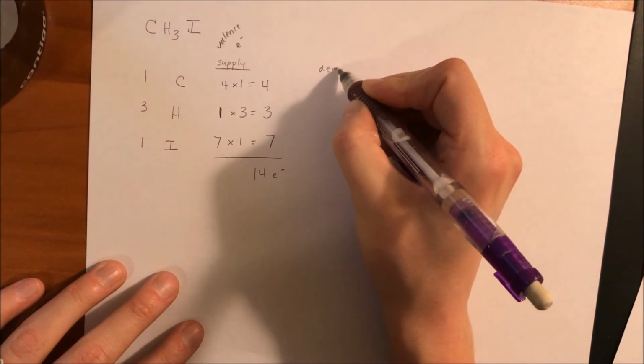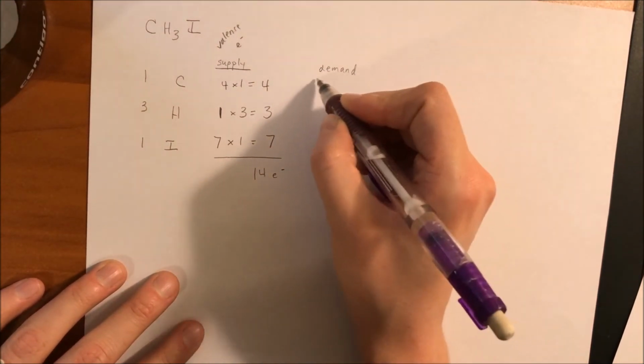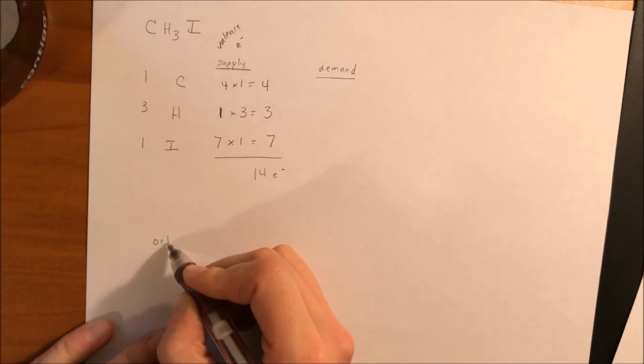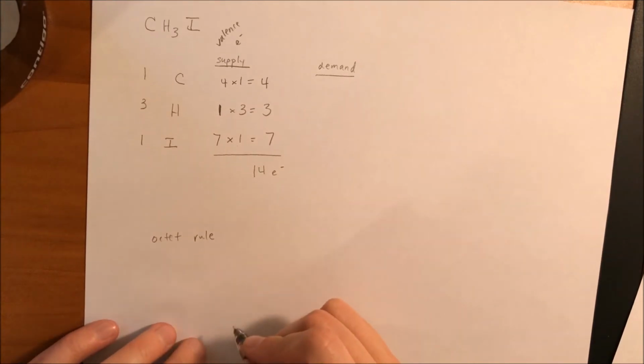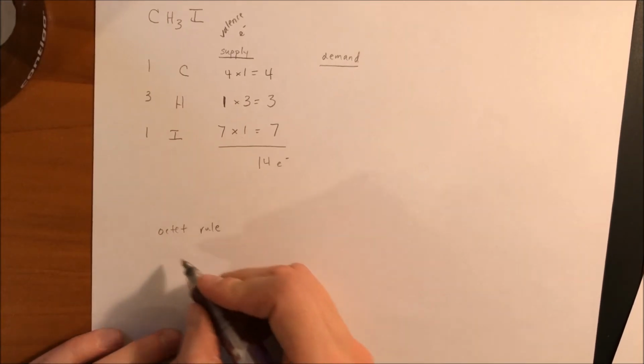Now, let's consider the demand part. The demand is how many electrons we need in order to satisfy something known as the octet rule. So the octet rule states that most atoms prefer to have an octet of valence electrons.